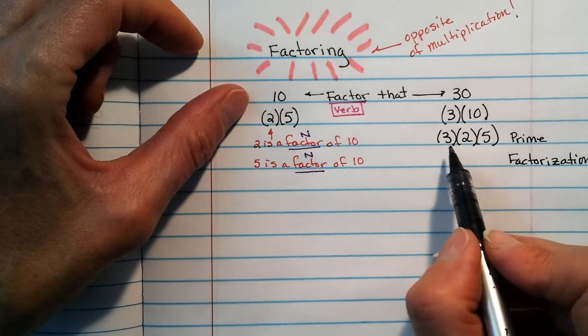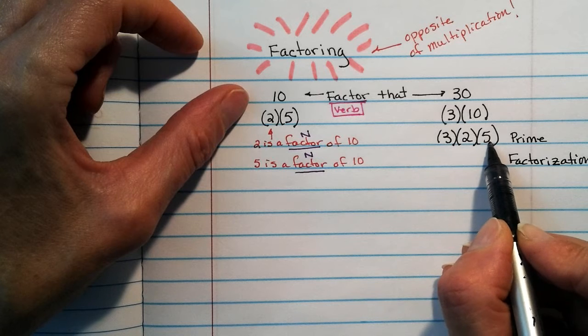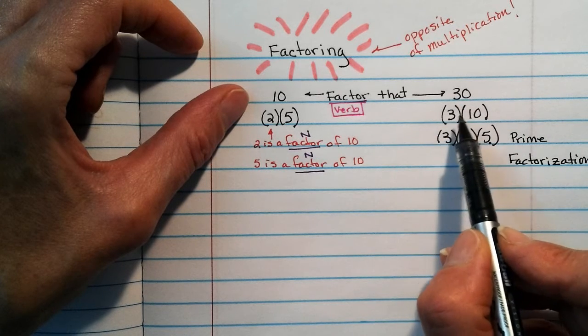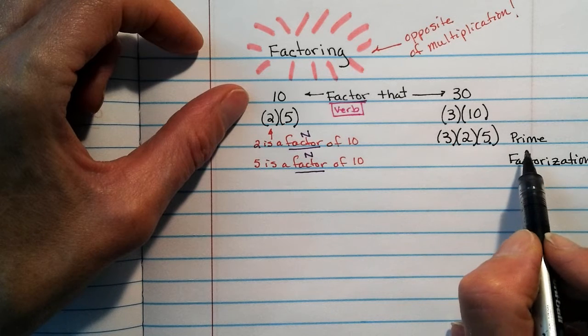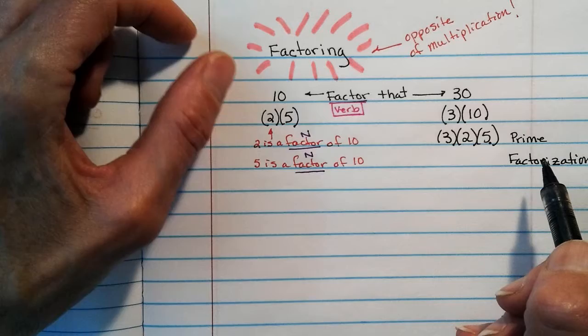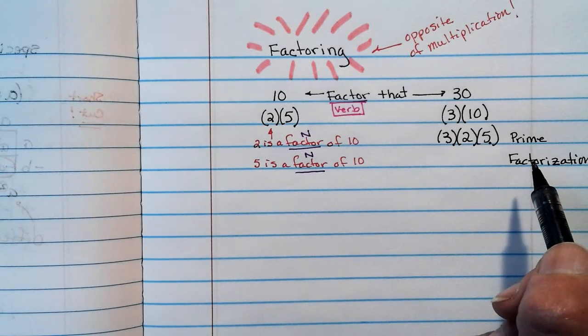Okay, so as I said, I have 3 factors. When multiplied together, give me 30. The factors of 30 are 3 times 10, or I could say the prime factors are 3 times 2 times 5. That's very, very, very important.